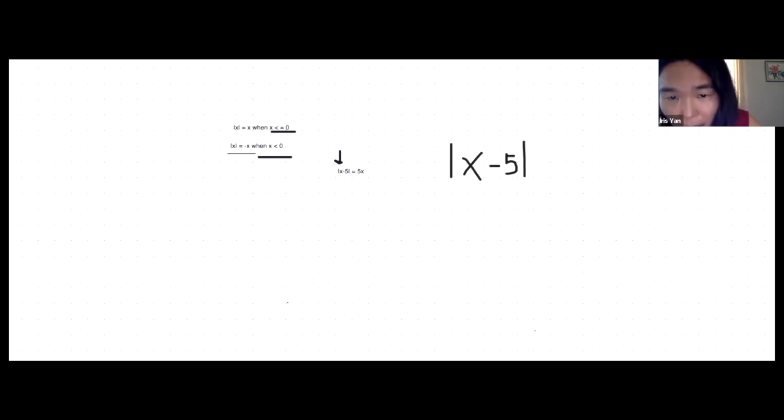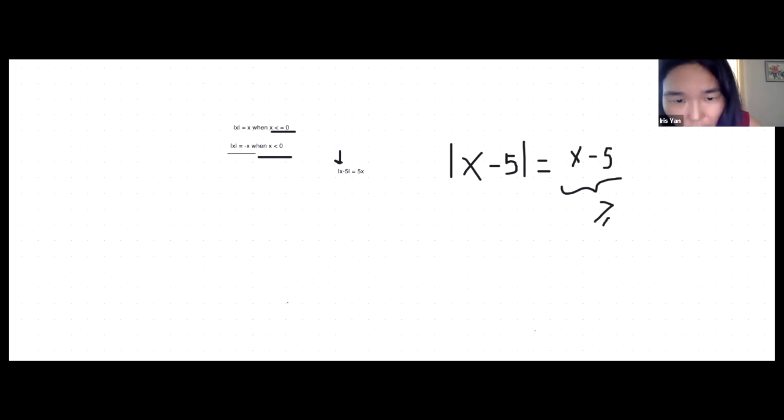I'll say absolute value of x minus 5 is equal to x minus 5, when x minus 5 is greater or equal to 0. Absolute value of x minus 5 is equal to the same sign, no change, if this guy is greater or equal to 0.